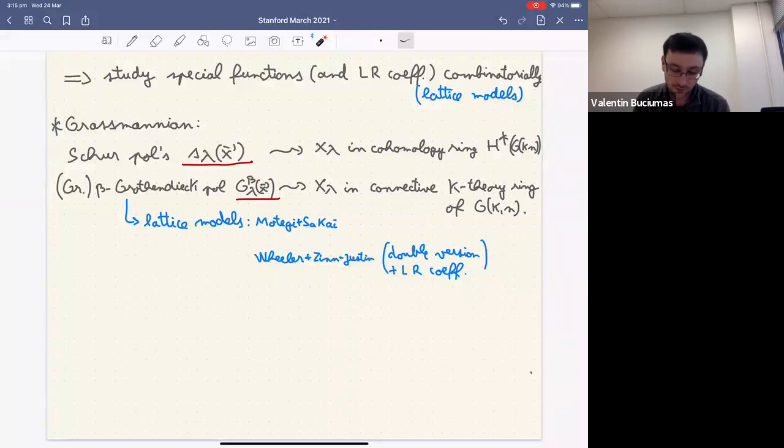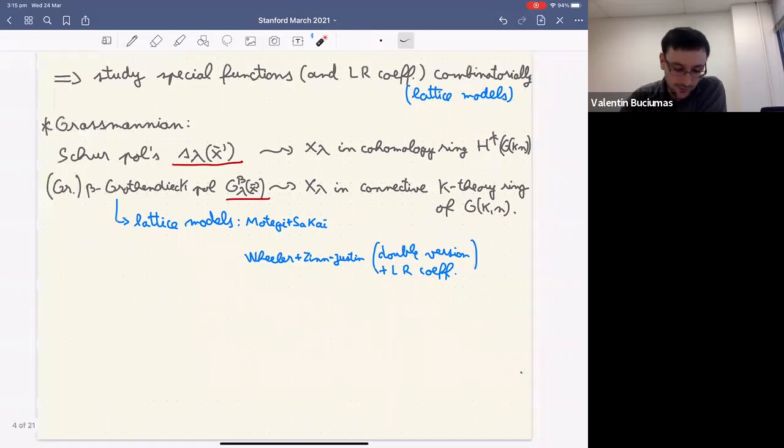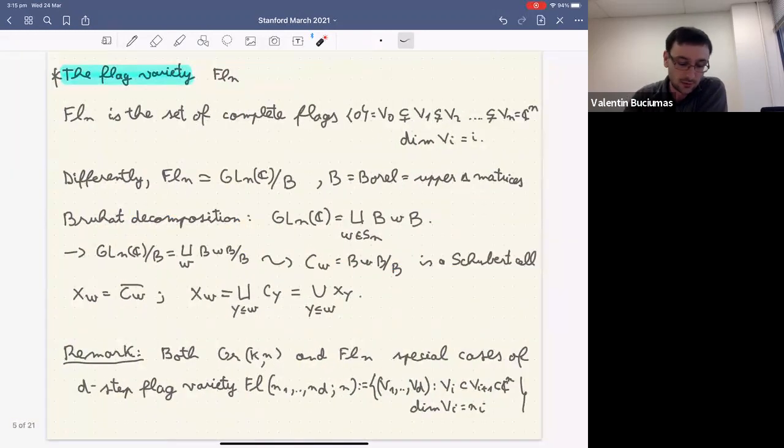The difference between the two models is not so big. In fact, Wheeler and Zinn-Justin's model is almost a copy of Motegi and Sakai. But what Wheeler and Zinn-Justin do, which is very interesting, is they give an integrable interpretation of the Littlewood-Richardson coefficients for these polynomials. Okay, so these are some polynomials.